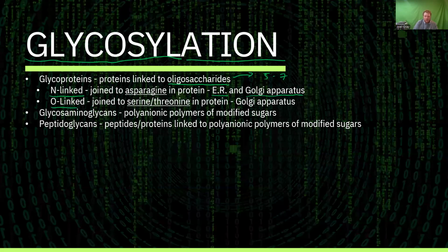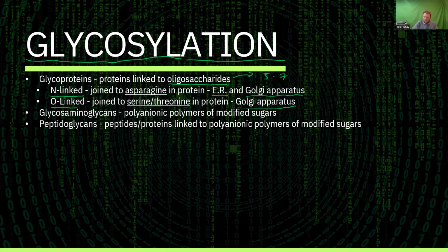They can be O-linked, joined to serine and threonine in protein, and this is done in the Golgi apparatus. Glycosaminoglycans are polyanionic polymers of modified sugars, and peptidoglycans are peptides or proteins linked to polyanionic polymers of modified sugars.